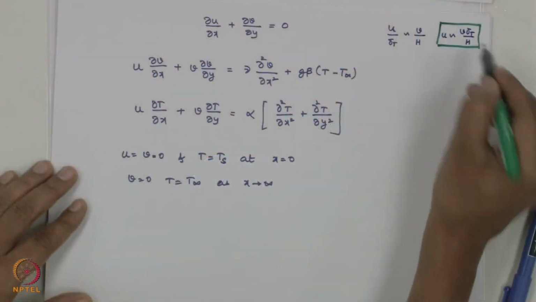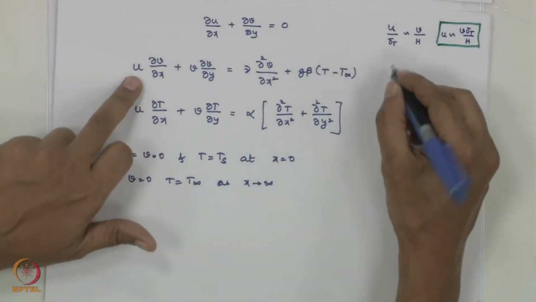So if we recollect again, doing scale analysis, from the momentum equation what do I get? u upon the scale of x is delta t, and v is v, and this is h. So u is of the order of v delta t by h. There is nothing new, we have done that already.